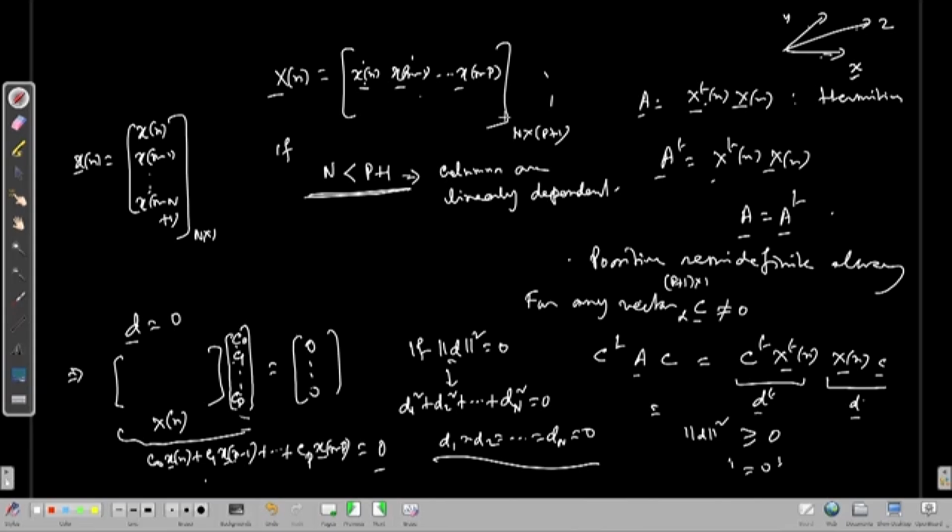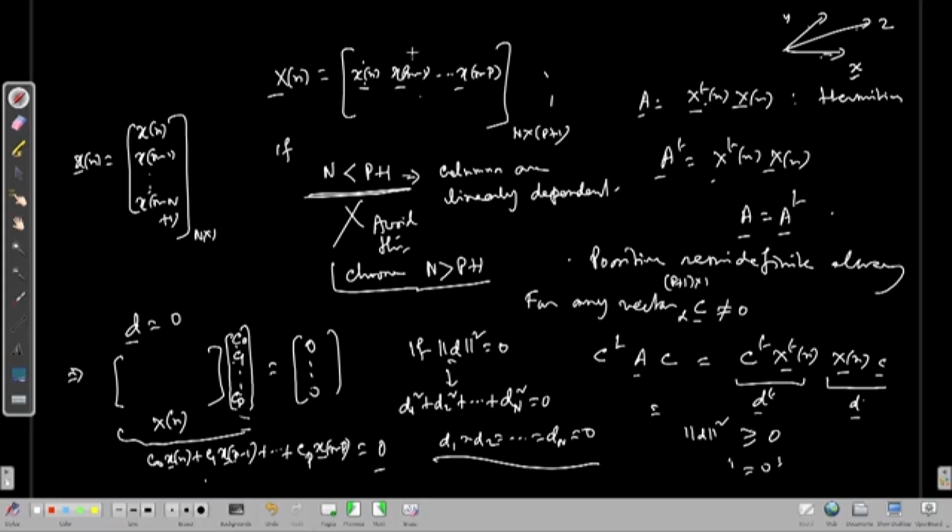Therefore, we should always avoid this and choose n large enough. Then we can argue that the data forming these columns is generated randomly from outside and there is no linear relation governing the data.